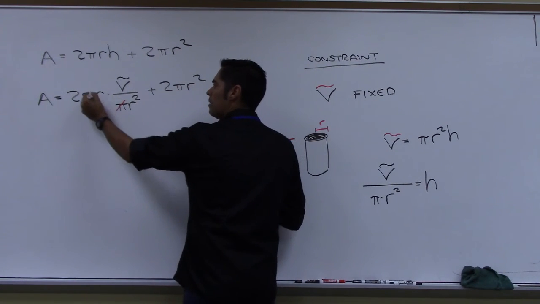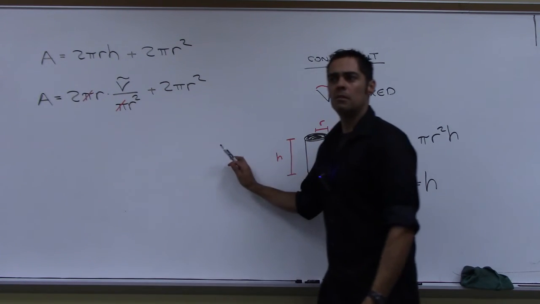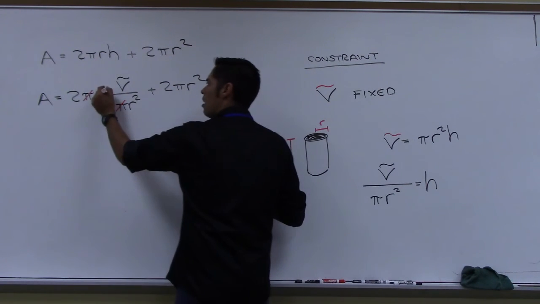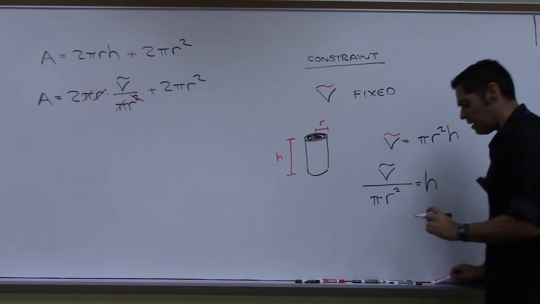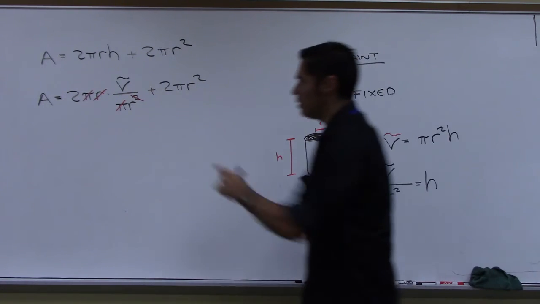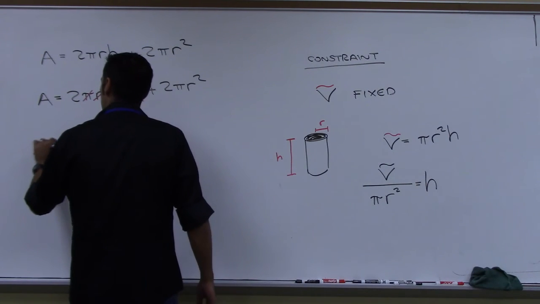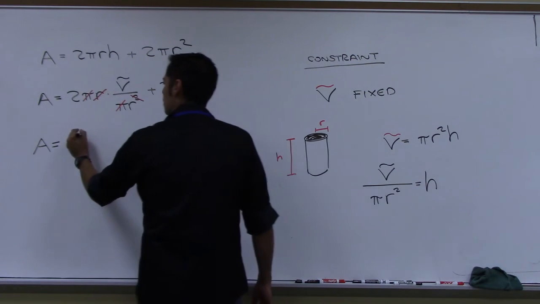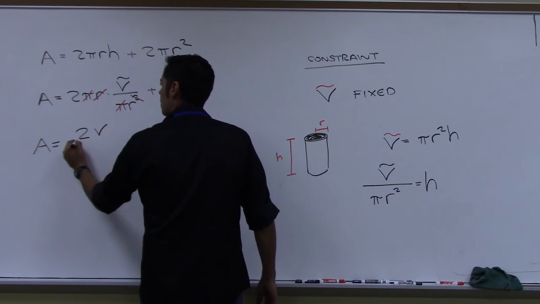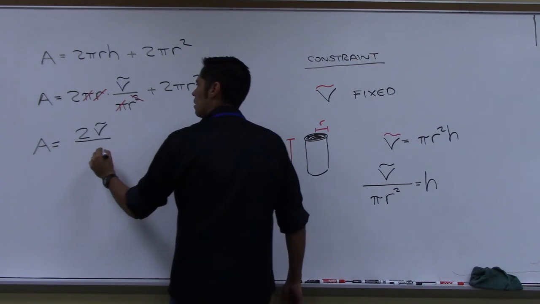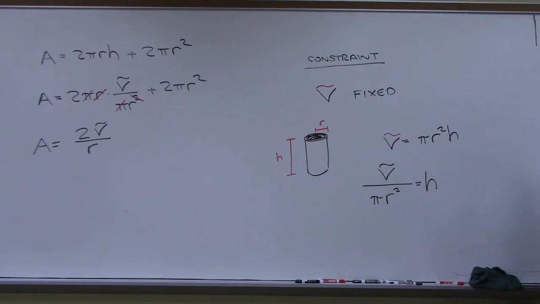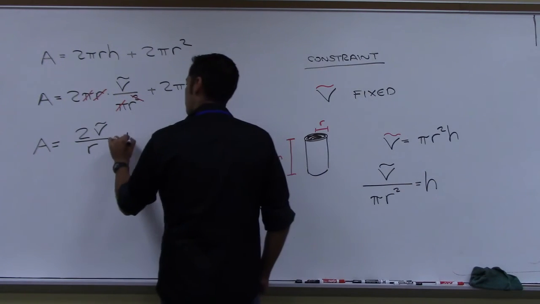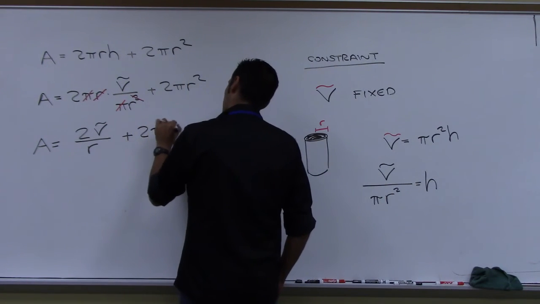This pi cancels. One of the r's cancels. And so what's that first term now over here? A is 2 v tilde over r. And the other one doesn't change, right? 2 pi r squared.